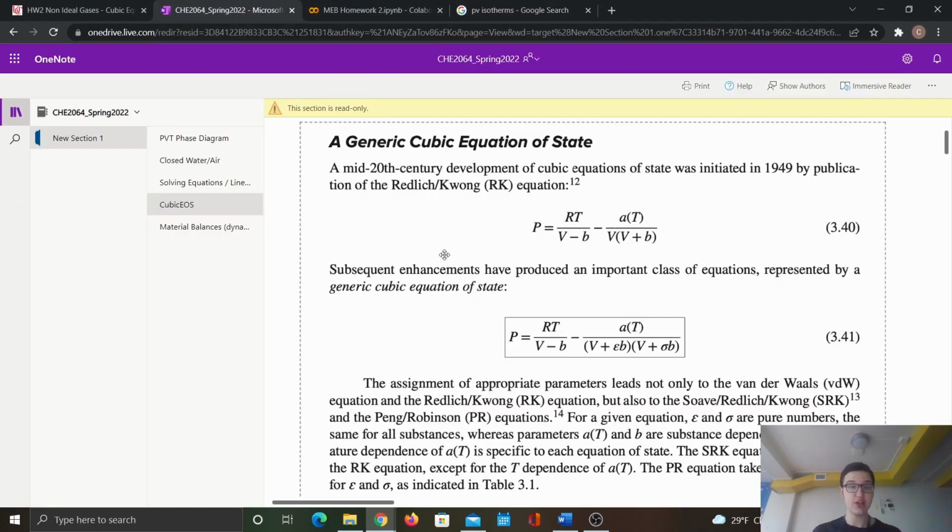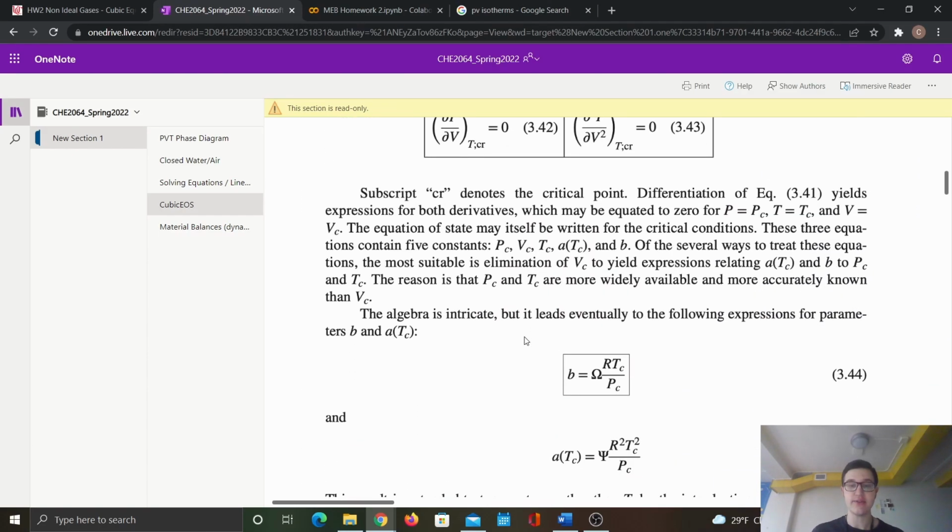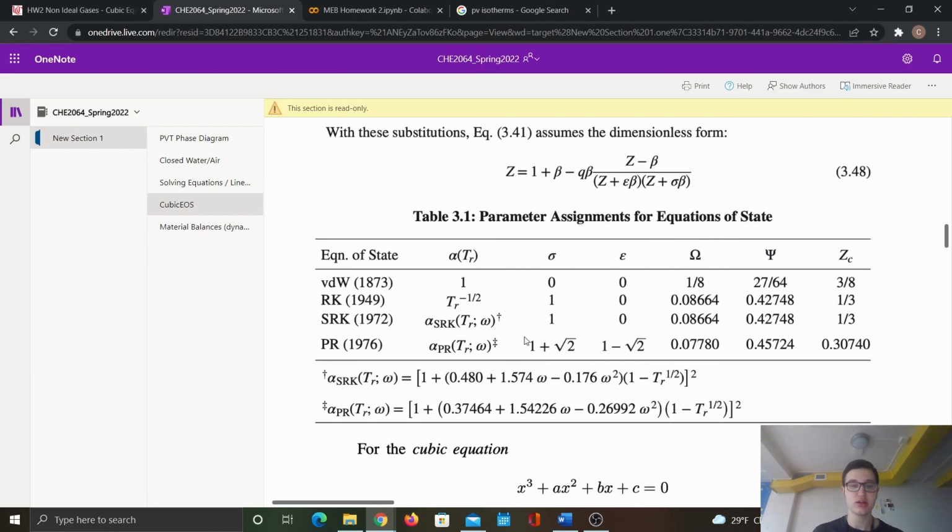So, to do this, we are going to be using the generic equation of state, and the values given in the SRK line here of this equation of state.